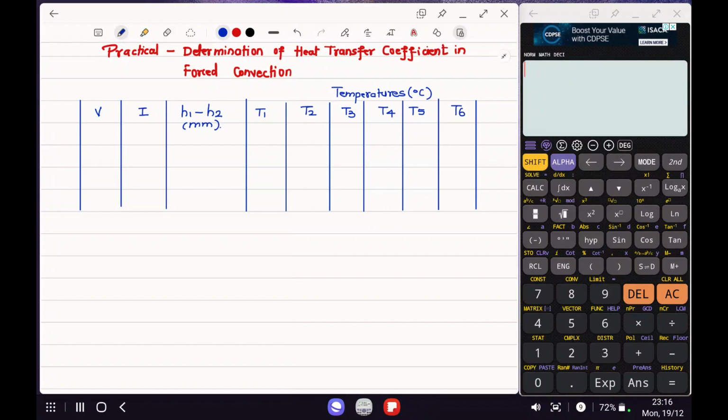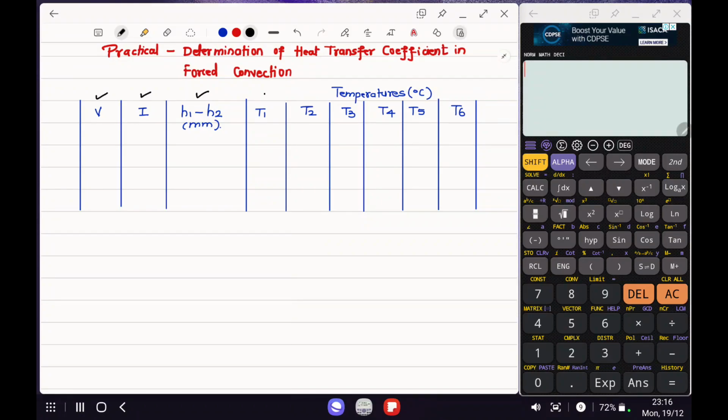So welcome back everyone. Now we are moving to the second part of our practical, that is calculation of the readings obtained from the experimental setup. These readings are recorded only after steady state has been achieved for all the parameters. So which are these parameters? You will be recording voltage, current, the difference between the two limbs of the manometer, that is H1 and H2.